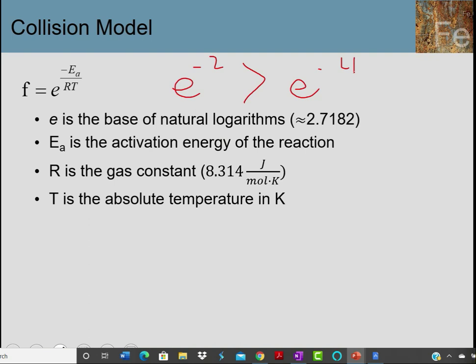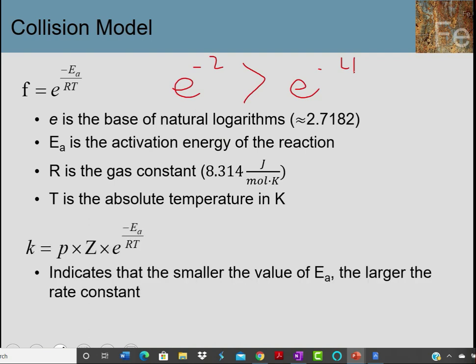As I increase the number, the Ea over RT, I'm actually decreasing the e to the negative whatever that power is. So as I increase the activation energy, I'm going to make my F factor smaller. Vice versa, when I increase the temperature, I'm going to make my Ea over RT smaller, which means I'm going to make my F factor bigger.